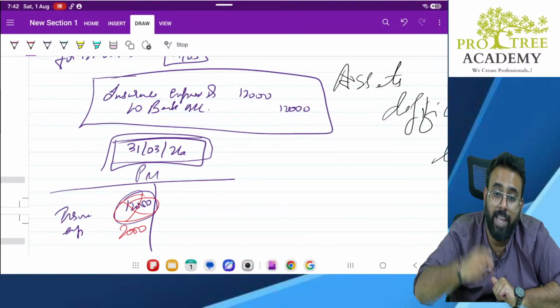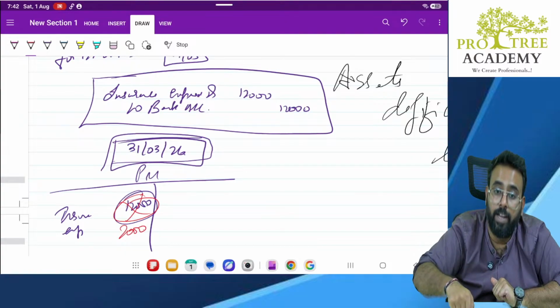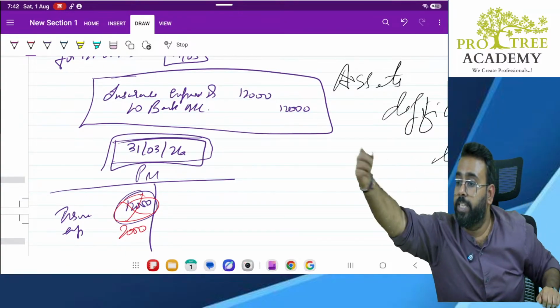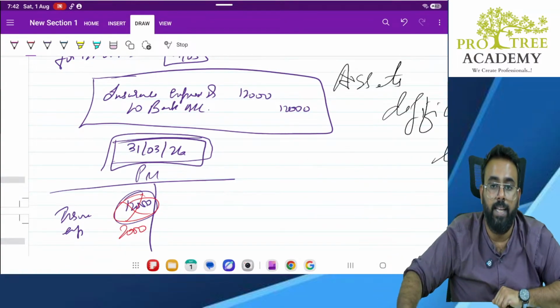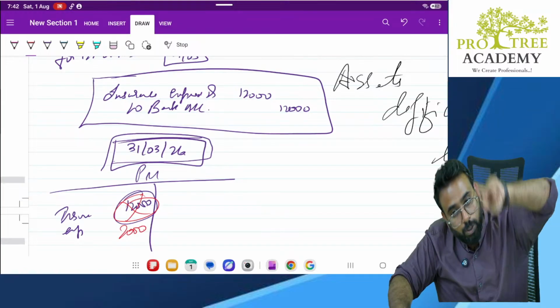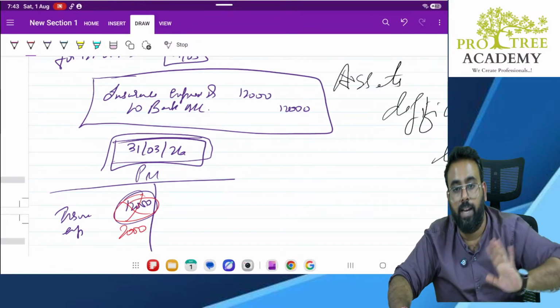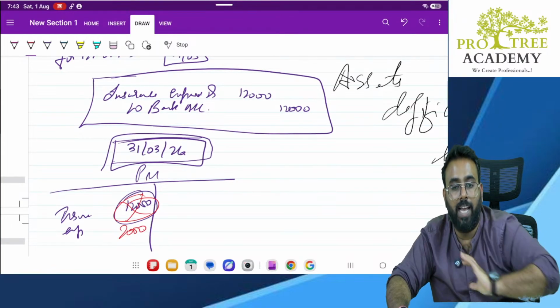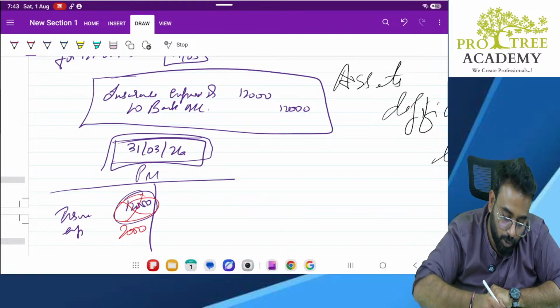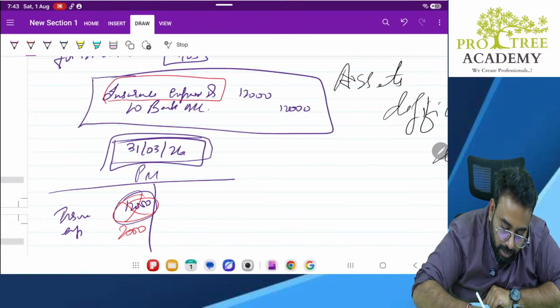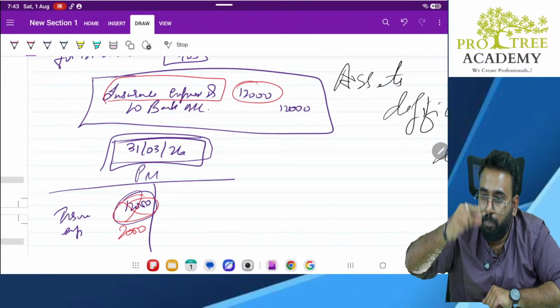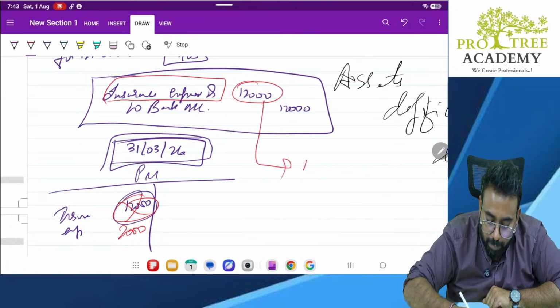In the same way, this insurance is paid now, but you are going to use it in future. I have already used 2 months, but the remaining 10 months is there. That remaining 10 months portion is called prepaid expenses. So out of this 12,000 insurance expense, some portion will go as prepaid expenses.